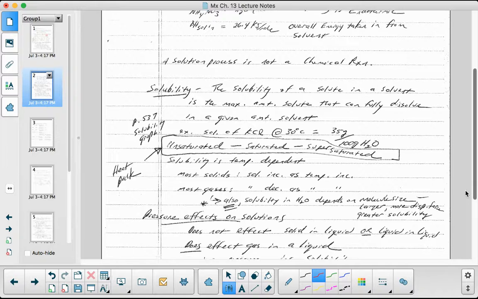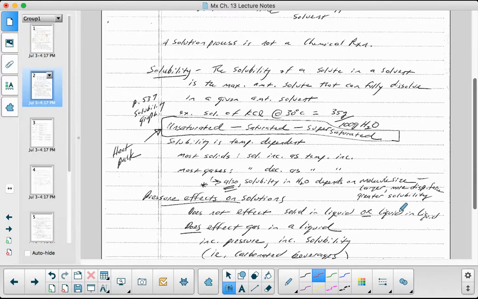Another important piece of that lab is the relationship between temperature and solubility, which will be emphasized in that lab as well. There are some extra notes here that will probably be helpful for that.